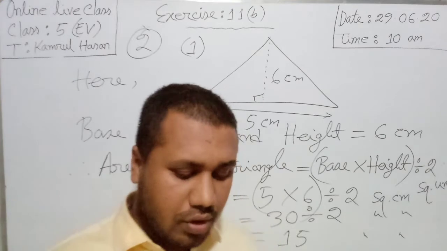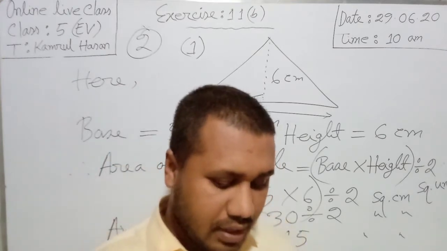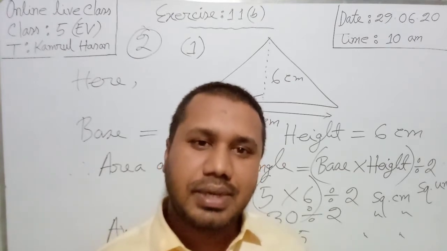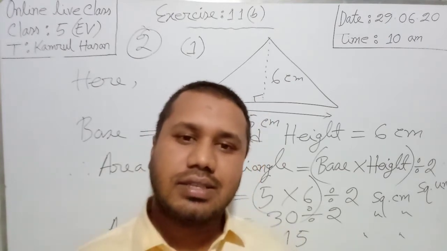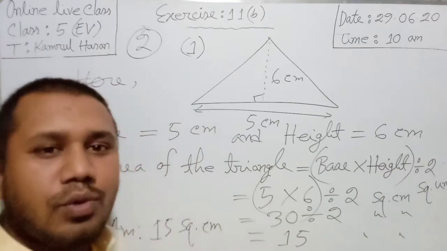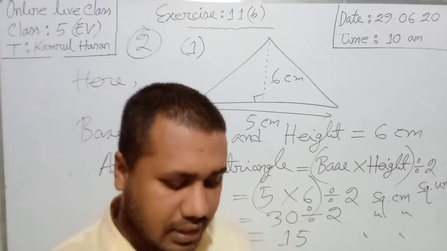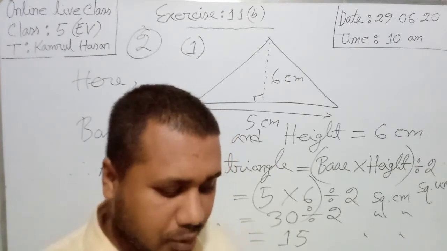Now dear students, look, problem number 2. This is another figure of a triangle. Look, here the base is 9 centimeter and the height is 6 centimeter. So similarly, you can solve problem number 2. Okay, dear students, I think you will be able to solve it. Now go to problem number 3.